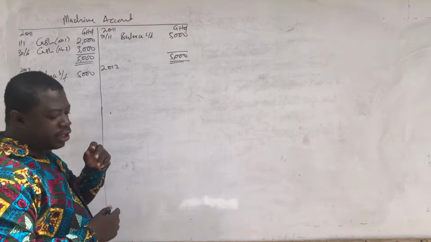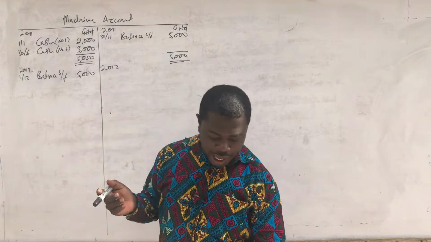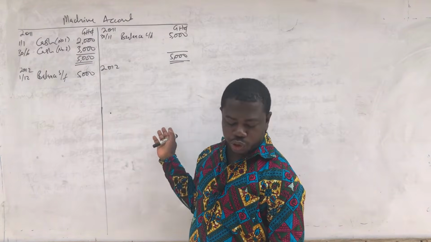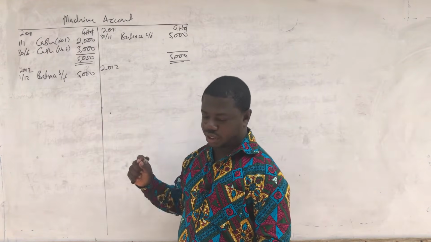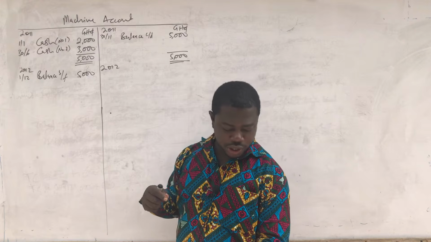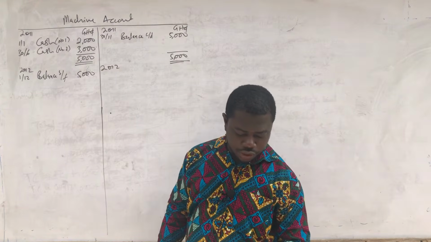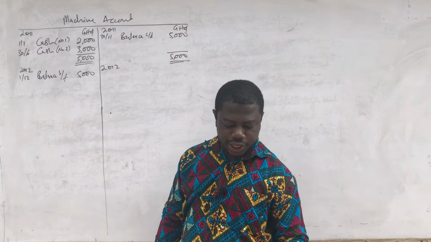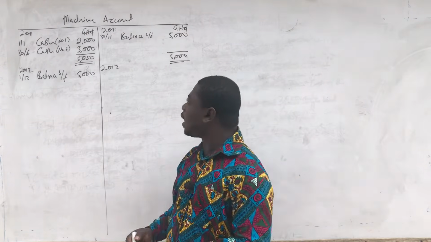Okay, so in 2012, did we make any acquisition or disposal? Over here, we are only interested in whether we bought or we sold, and we are interested in only the cost, not the revenue that we got from it. In 2012, we did not buy any additional assets, and we did not sell any assets.